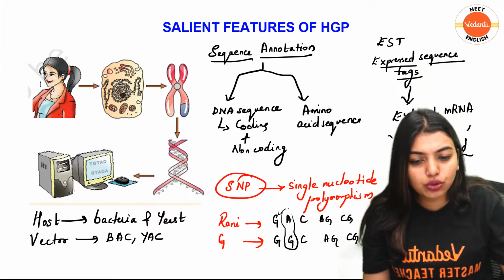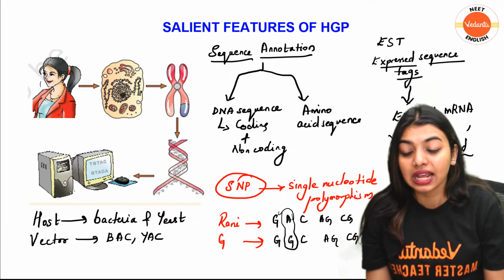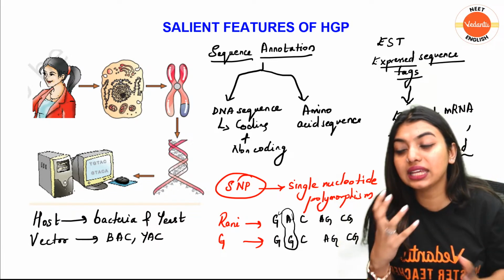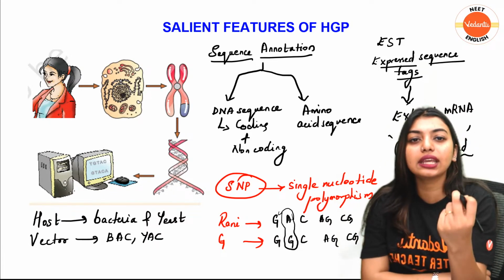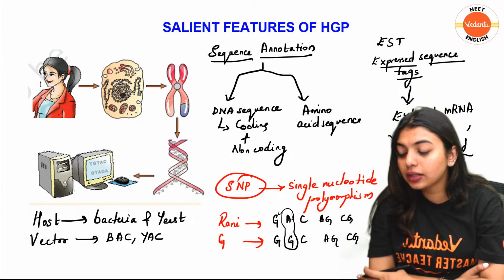This one nucleotide difference can make both of us completely different: texture of the hair, looks, eyes, everything. One small thing can make a complete difference. Is this clear?